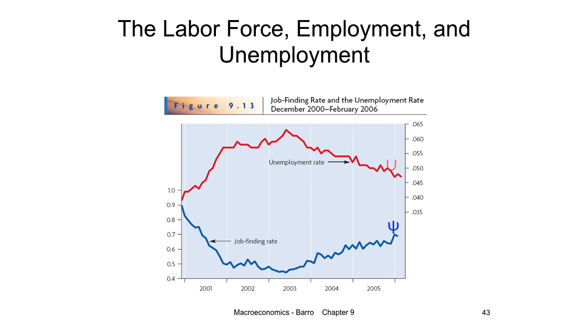So based on these two figures, economists realize that in order to understand the unemployment fluctuation, the key answer lies in the fluctuation of the job finding rate instead of the job separation rate. So in the future, we are going to construct a model focusing on the fluctuation of the job finding rate in order to understand the unemployment rate.